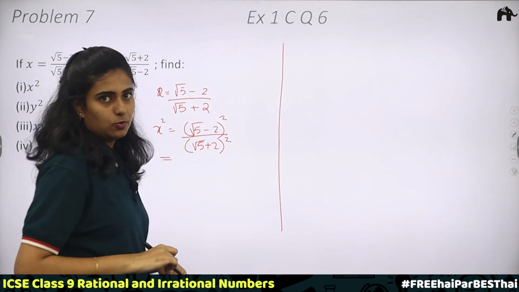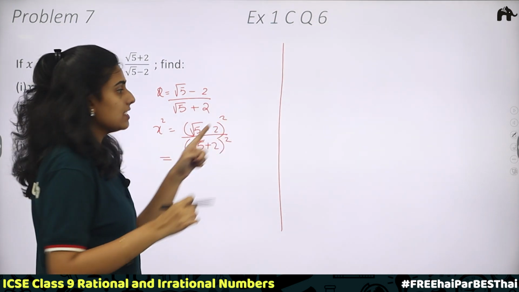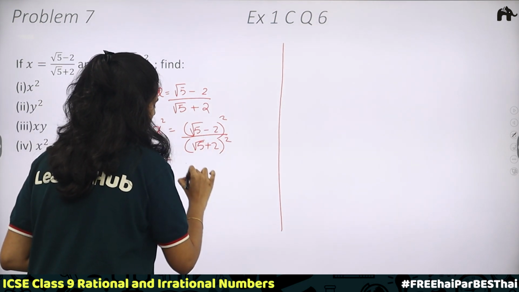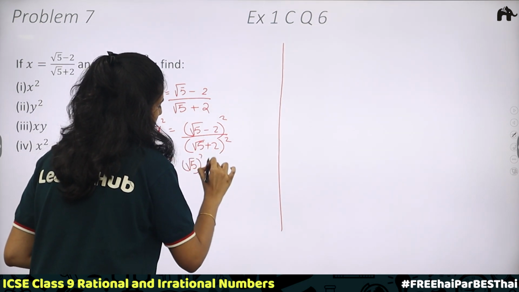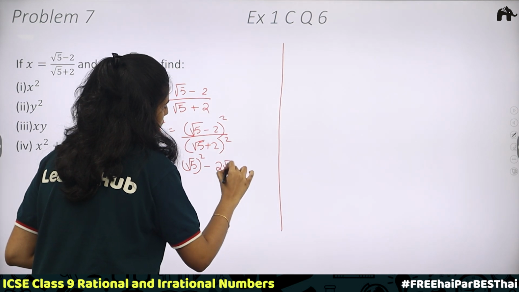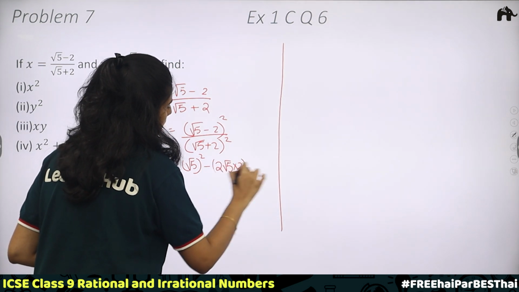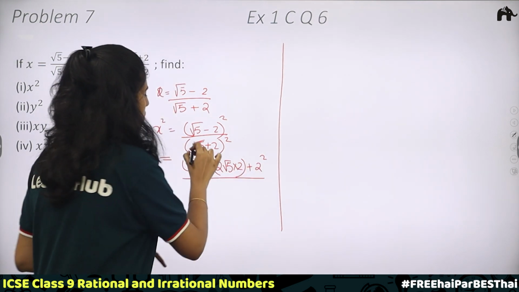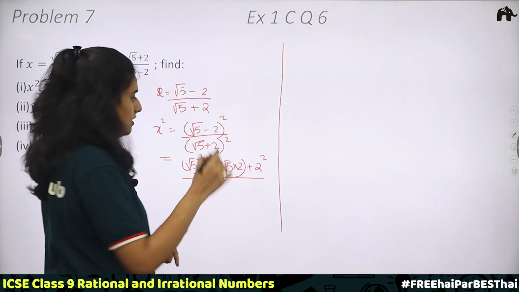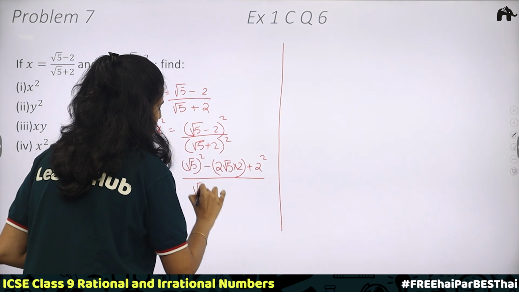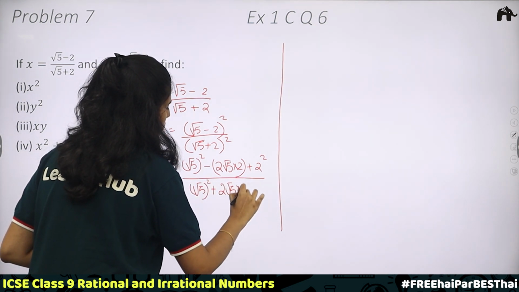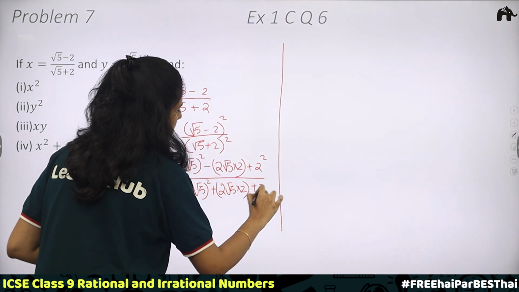That is equal to (a minus b) whole square, which is a square minus 2ab plus b square. So (root 5) square minus 2 root 5 into 2 plus 2 square, divided by (root 5 plus 2) whole square, that is (root 5) square plus 2 root 5 into 2 plus 2 square.